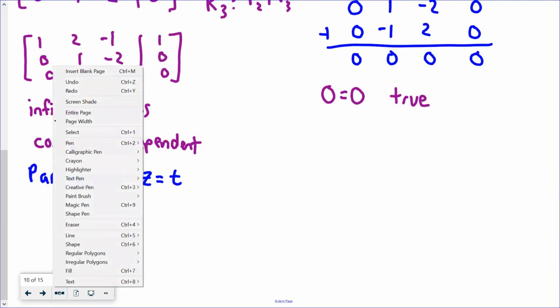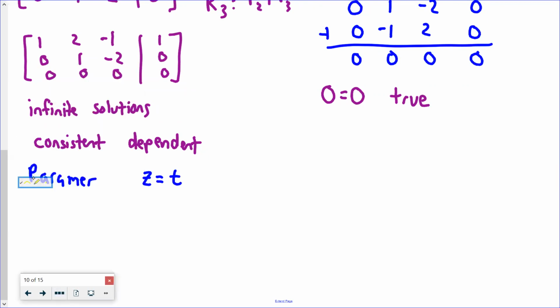For example, let's go back to this equation right here. If I were to write this out using x, y, and z, this would say 0x, so we're not going to write that. We're going to have y minus 2z is equal to 0.